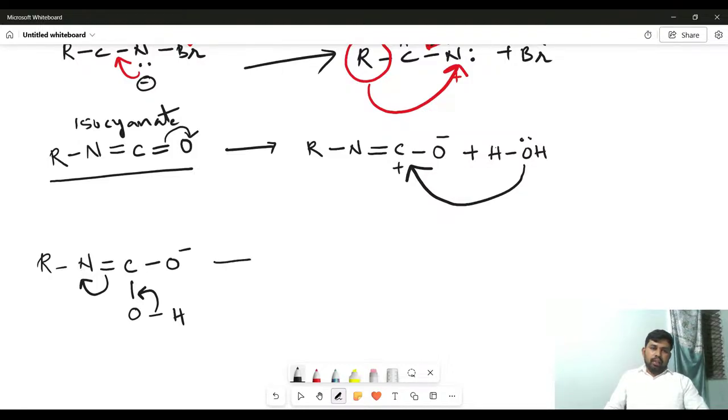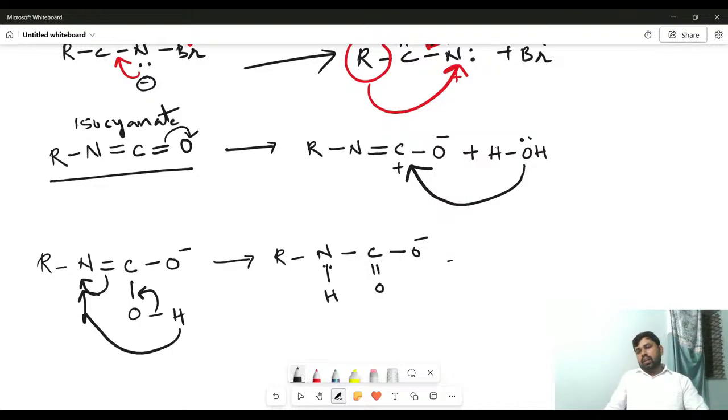Let me write here. So it forms R. The nitrogen will be carrying these electrons, and here carbon becomes double bond O, and here O minus, and this hydrogen will be shifted here. I mean it will attach to this nitrogen, so it will form a bond here.